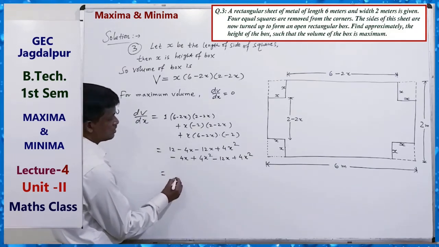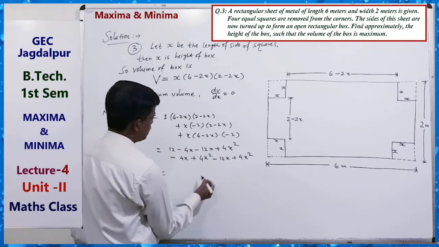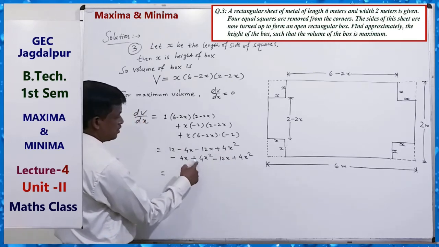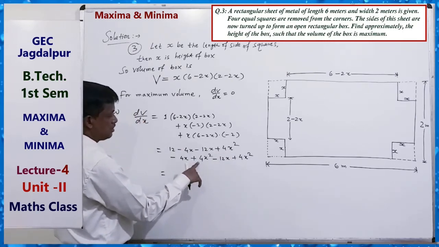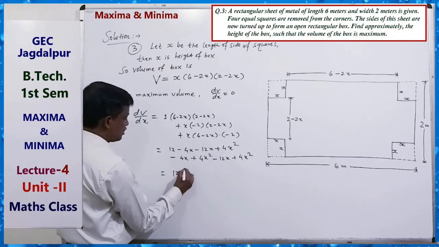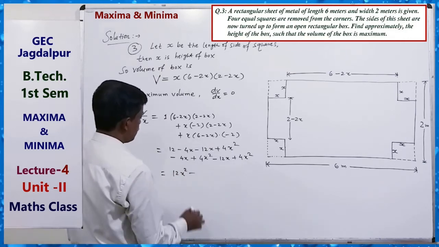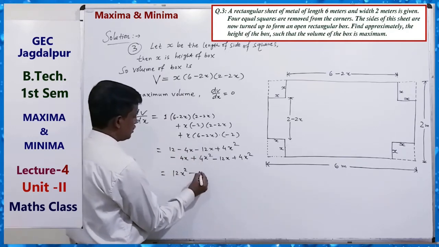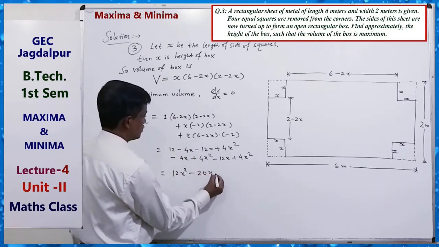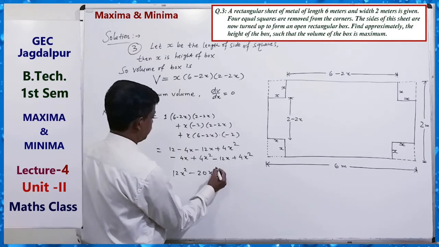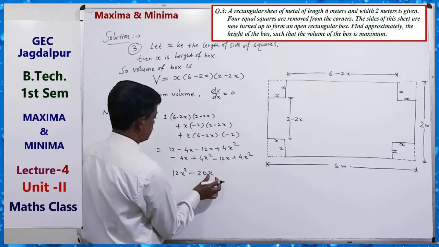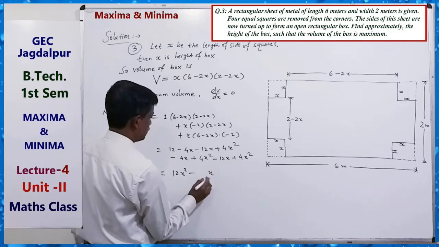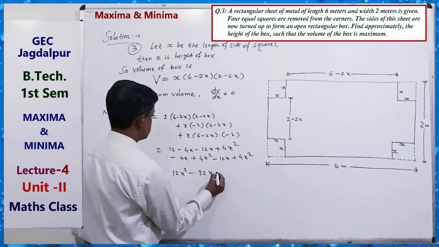So it can be solved: 4x square and 4x square and 4x square, that makes 12x square; minus 12, minus 12, minus 8, that is 32x, plus 36.